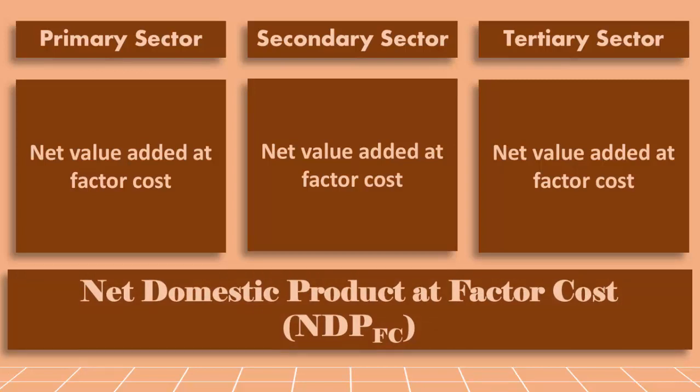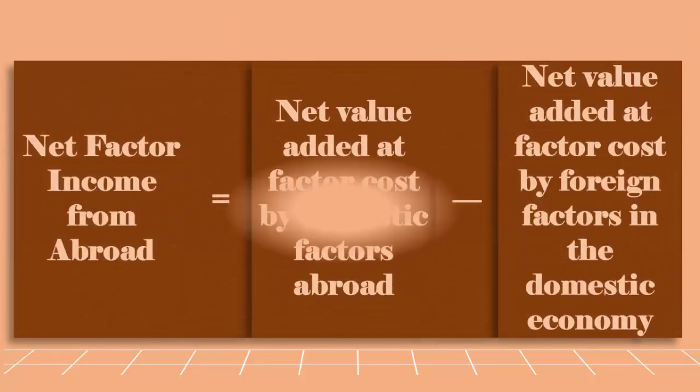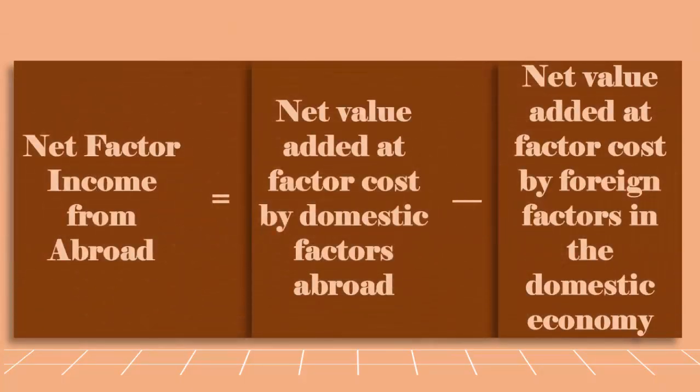To obtain the national income, we have to add net factor income from abroad. Net factor income from abroad is equal to net value added at factor cost by domestic factors abroad minus net value added at factor cost by foreign factors in the domestic economy.